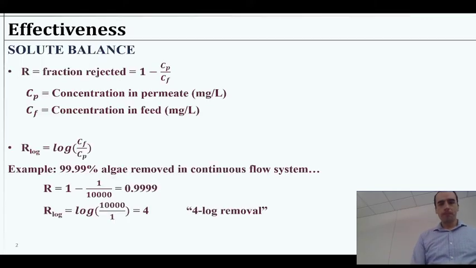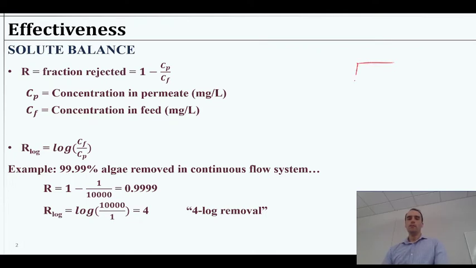Okay, so when we want to talk about the solute balance, when we split water into two different streams, the concentrate, where we're concentrating some of it, and the cleaner permeate, how do we refer to that? We can describe the fraction rejected, and here I'm going to use uppercase R as the fraction rejected, and have that equal 1 minus the concentration in the permeate divided by the concentration in the feed.